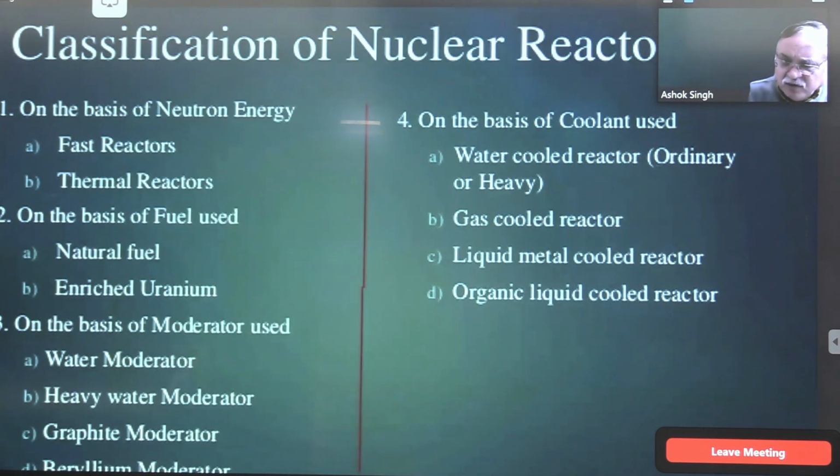Another classification is on the basis of fuel used. Some reactors would use natural uranium as a fuel. India mainly has such reactors which use natural uranium as a fuel. Again, we'll comment briefly on the technology later.